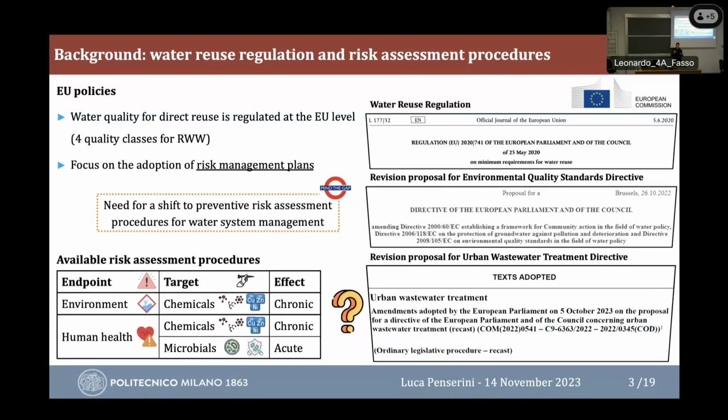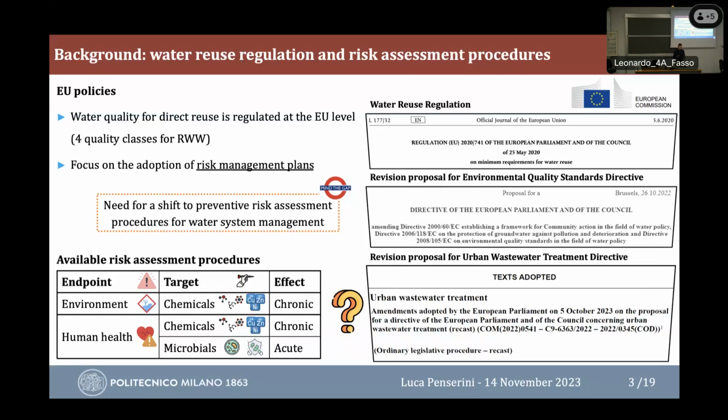Just to specify, when I'm talking about risk, in this case, I'm talking about human health risk due to the ingestion or inhalation of contaminants, and a risk for the aquatic ecosystem due to the toxicity of contaminants. So we have different endpoints, different targets, chemicals and microbials, and different toxicity effects, acute and chronic.